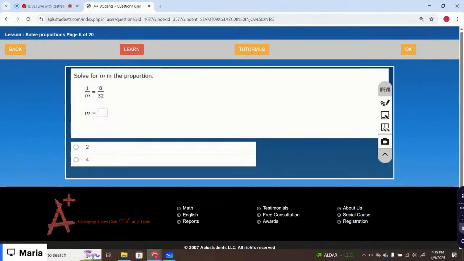Solve for m in the proportion. So which is the correct option? That is m equals 4.